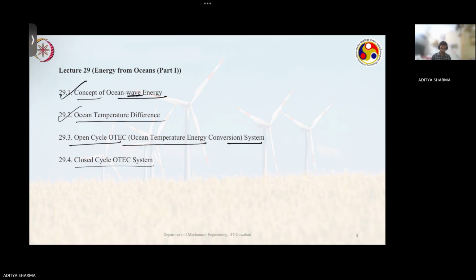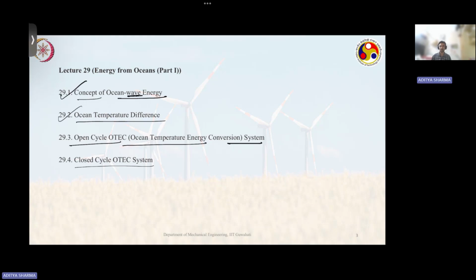Then in this lecture, the energy that we are discussing from the ocean is by means of temperature difference.